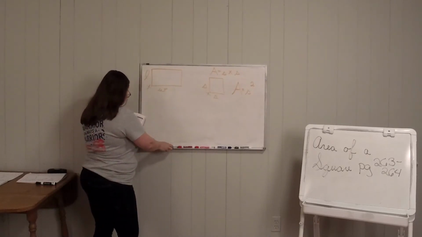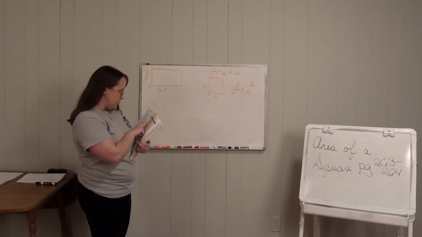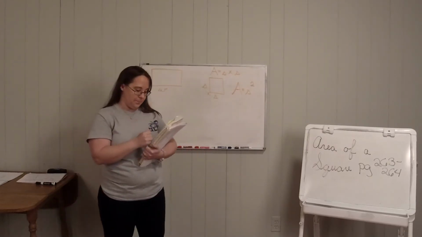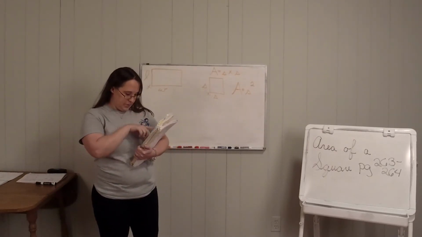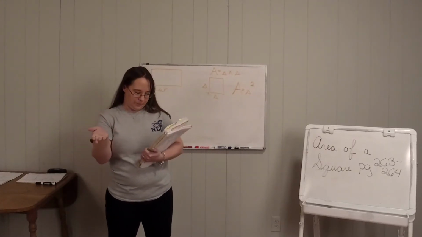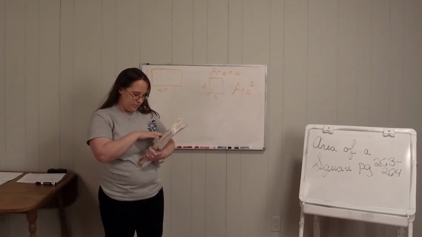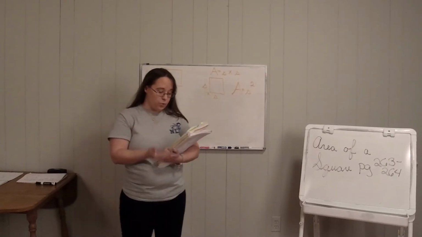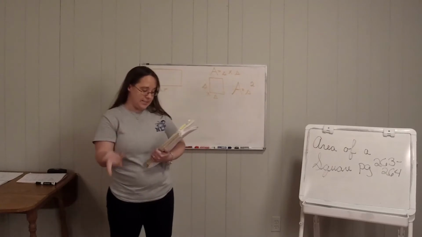And it says when a number is squared, the number is multiplied by itself. So, if we look at the examples, 4 squared is the same as saying 4 times 4 is 16. 9 squared is saying 9 times 9 is 81. 14 squared is just saying 14 times 14 equals 196.